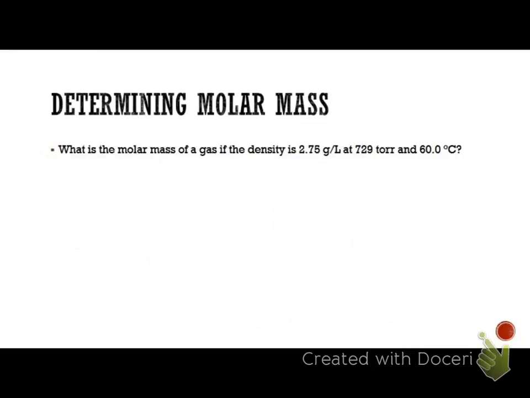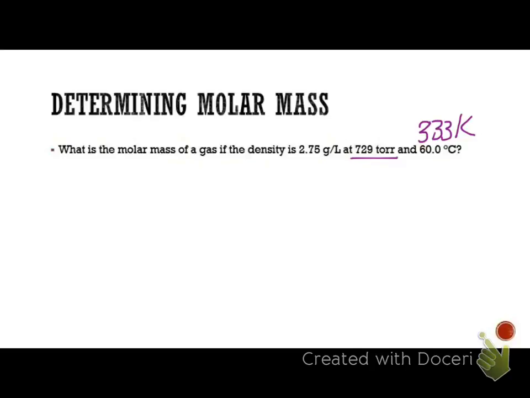All right, determining the molar mass. The density is 2.75 grams per liter, at 729 torr and 60 degrees Celsius. The first thing I need to do is my temperature. Get in that habit so you don't accidentally put in the wrong value. What is 60 plus 273? 333 Kelvin. I also noticed that I'm in torr.